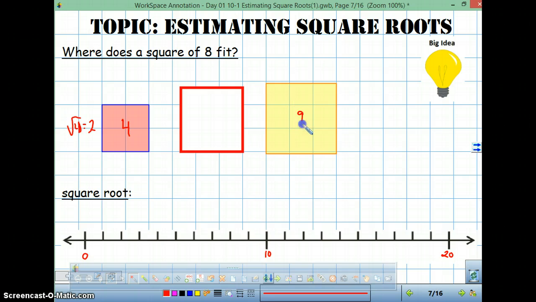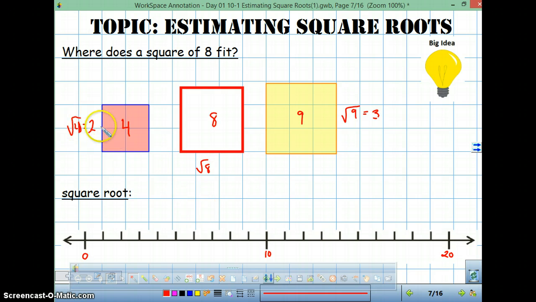This is 9, and the square root of 9 is 3. This is 8, and the square root of 8 is going to be somewhere in between 2 and 3. You can see that it's 2 and a little bit more.